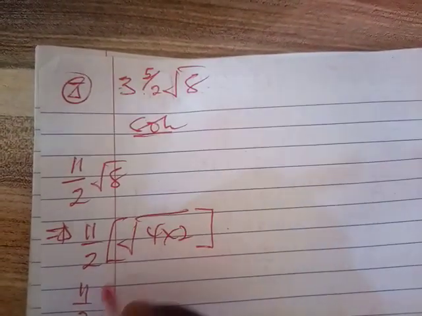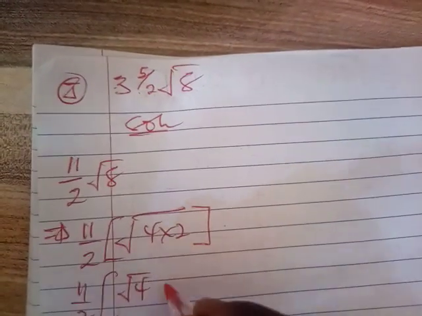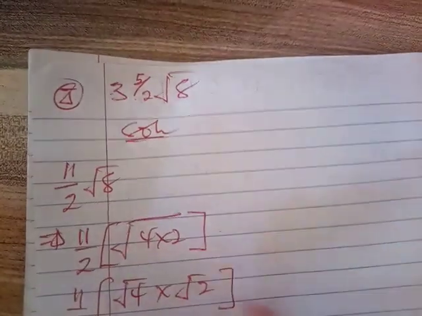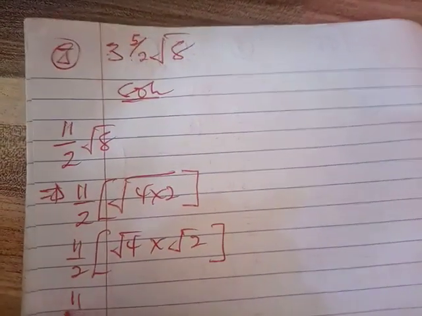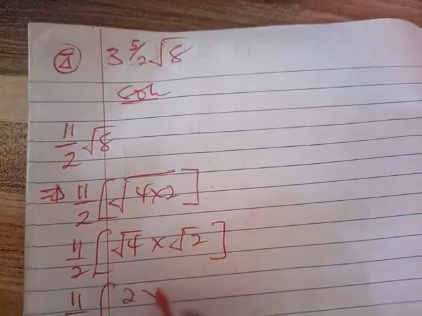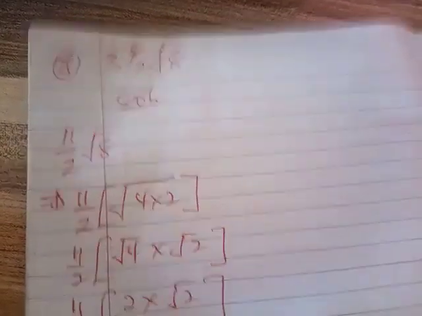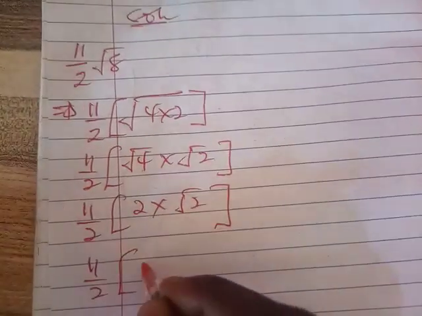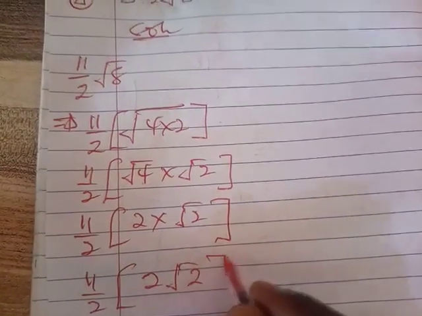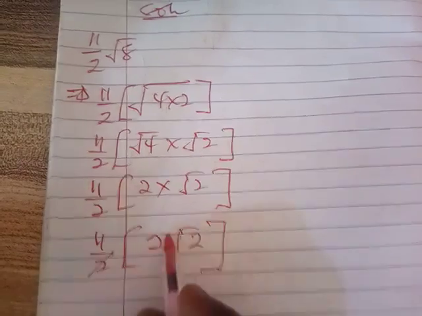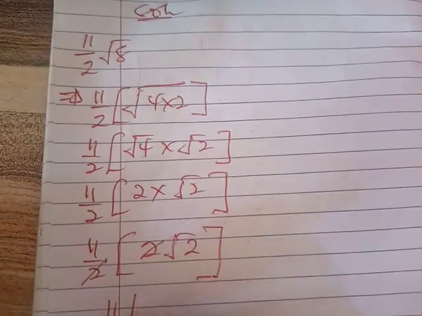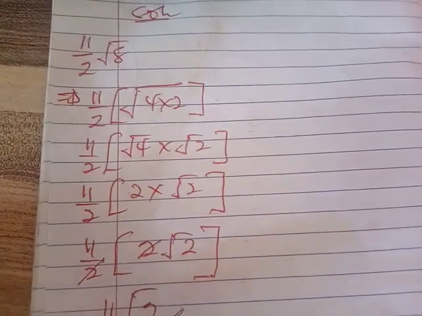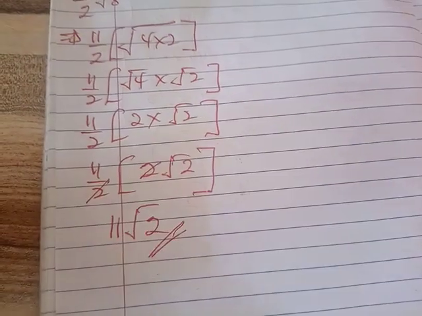So 11 over 2, and we have root of 4 times root of 2. Root of 4 is 2. And we have 11 over 2, 2 times root of 2 is 2 root of 2. Now these 2 can cancel these 2. So you'll be left with 11 root of 2. And that's your final answer.